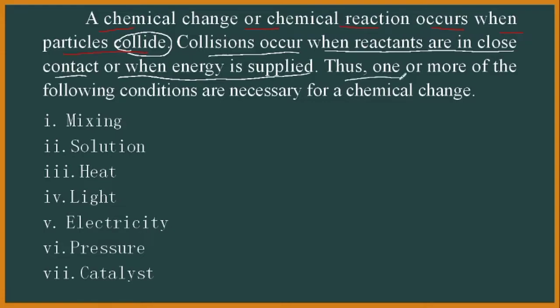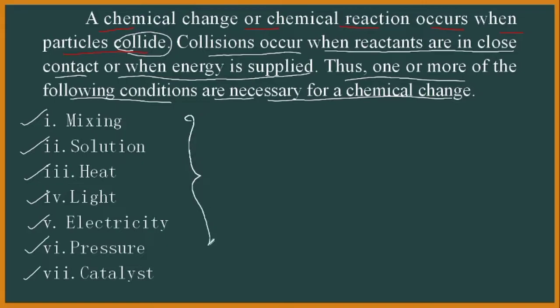One or more of the following conditions are necessary for a chemical change. What are those conditions? Mixing, solution, heat, light, electricity, pressure, catalyst. Any one of these conditions is necessary for a chemical reaction to take place.